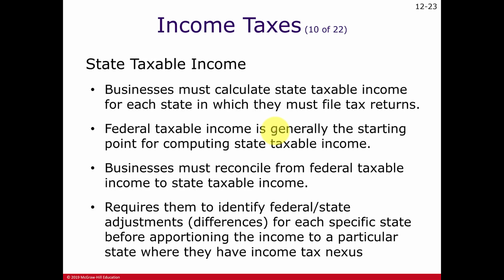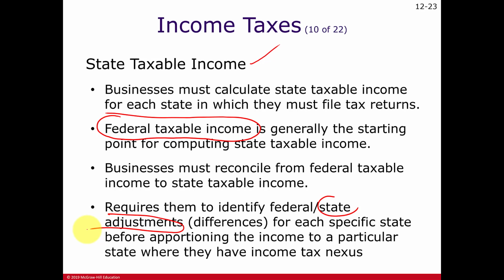So we kind of saw this in the flow chart near the beginning of the slideshow. To come out to a state's taxable income, your starting point is typically the federal taxable income, and then we adjust that by either increasing or decreasing it for the state rules.